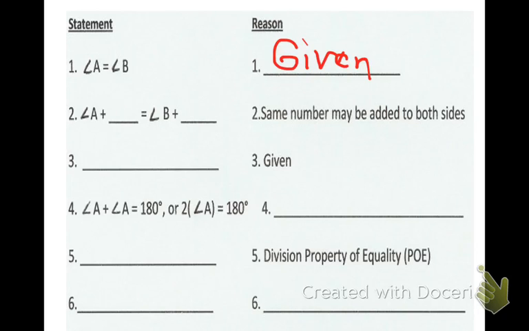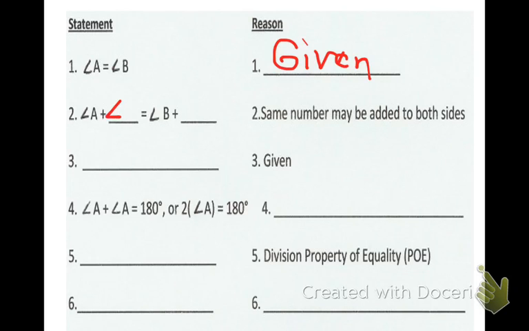Usually, 90% of the time, your first statement, the reason is going to be given. You usually list your givens at the top. Now, this next step, same number may be added to both sides. So let's add angle A to both sides.